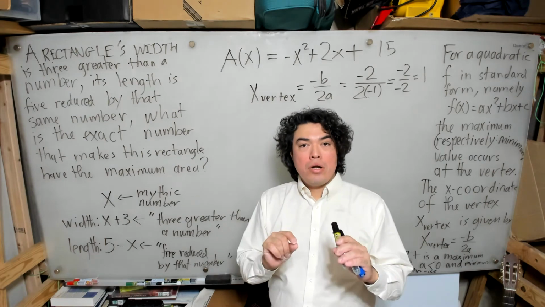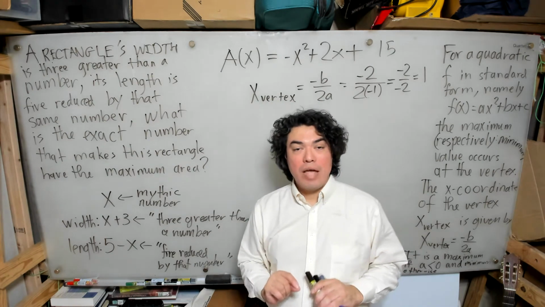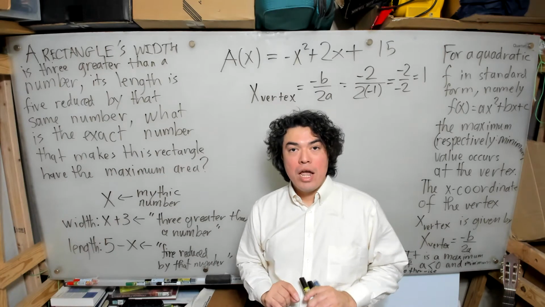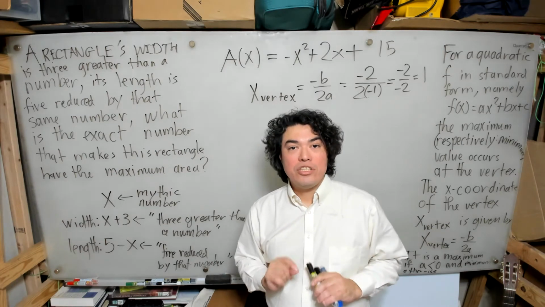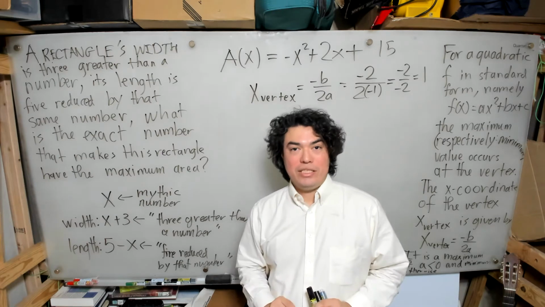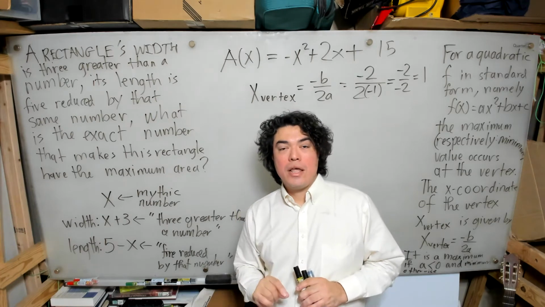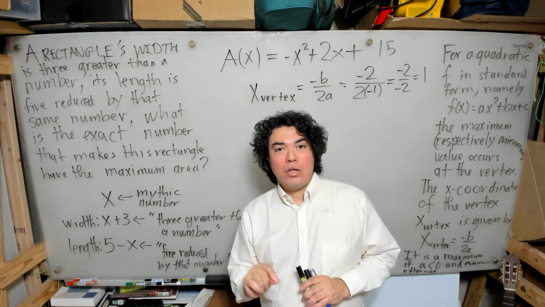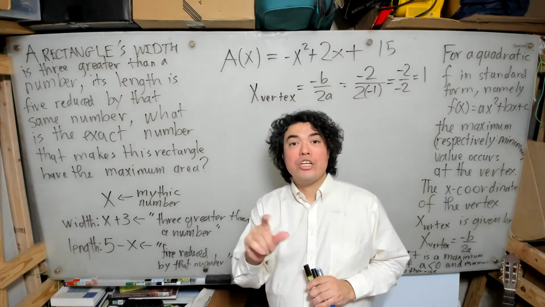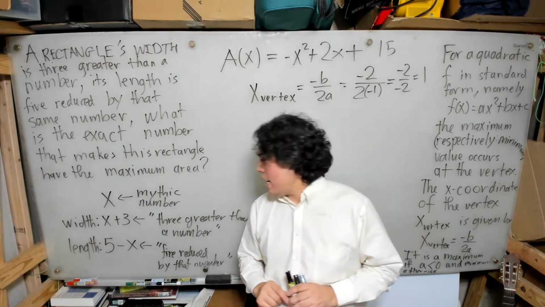The number that makes this rectangle have the maximum area is the number that forces this rectangle to be a square. So we are just witnessing in this example a particular instance that a rectangle under certain conditions has the maximum area.